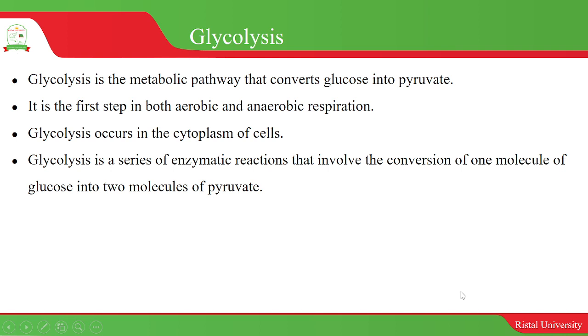It occurs basically in the cytoplasm of cells, and it involves a number of enzymatic reactions, which ultimately result in the production of at least two molecules of pyruvate.